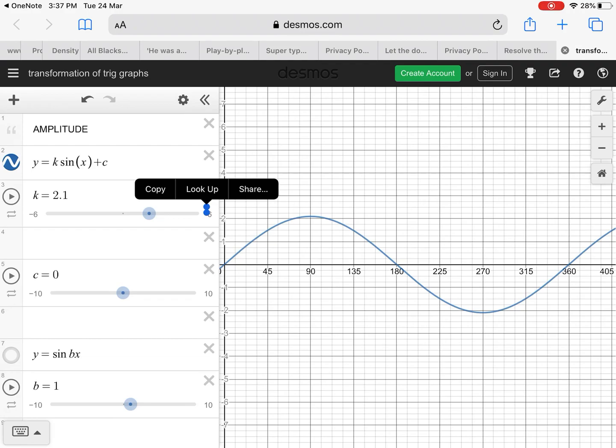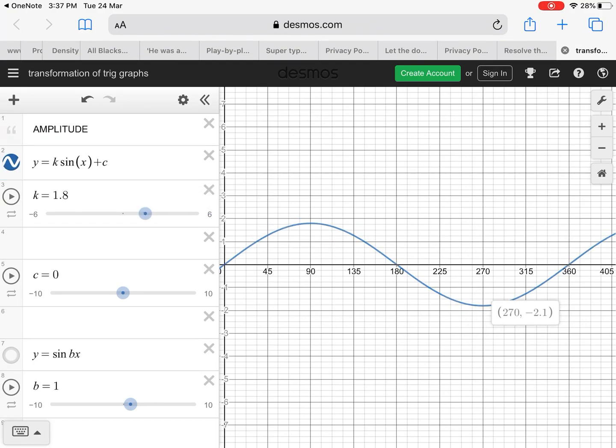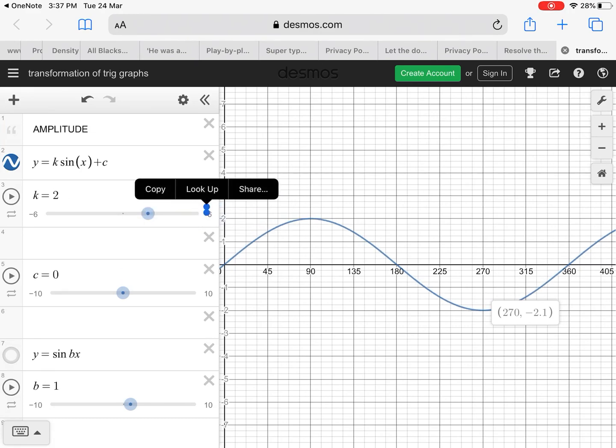Here is our max and min. Oh, the graph changed to 2.1, but you get my idea here. It's a little bit tricky to get that to stay there. So there's my amplitude. My line of symmetry is my x-axis, and the distance from the x-axis to the maximum point is 2.